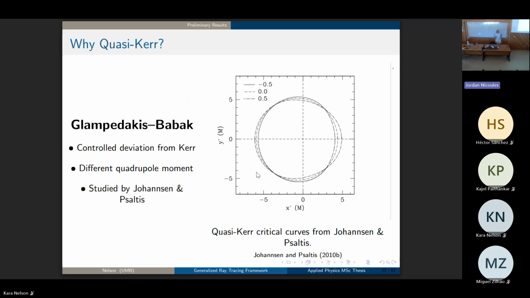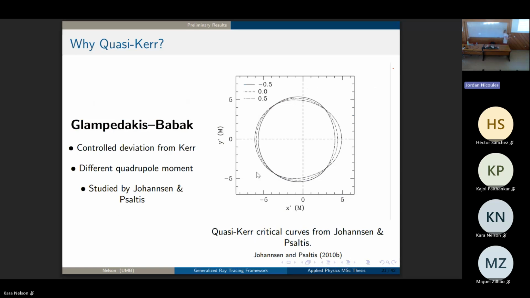This is a very nice kind of perturbation from Kerr, and it has this nice control deviation parameter, so we can test how far away from Kerr we are and see, as we go further away from Kerr, what changes and what stays the same.